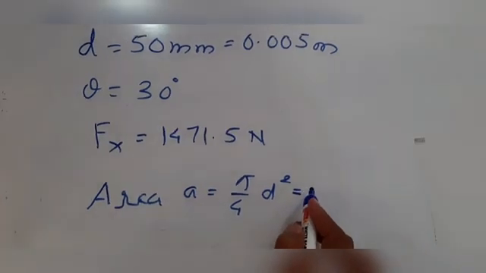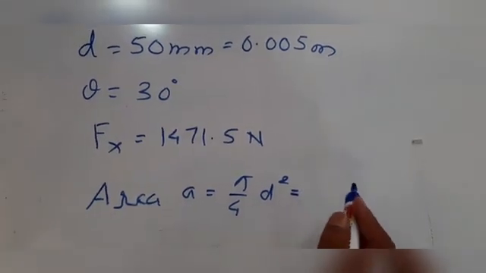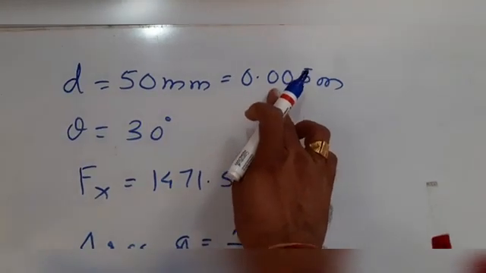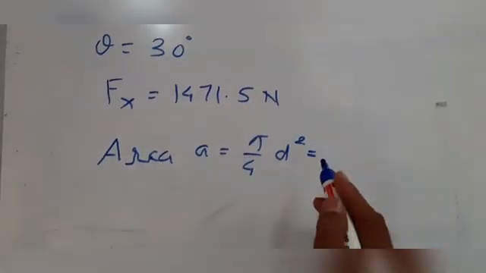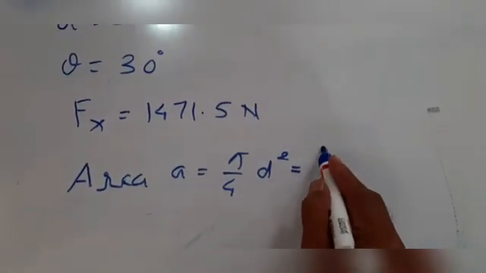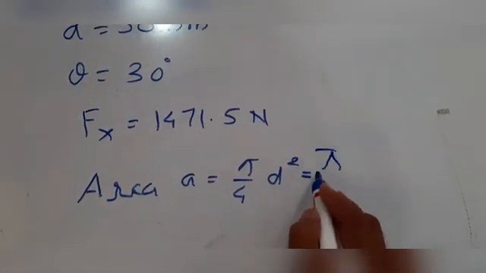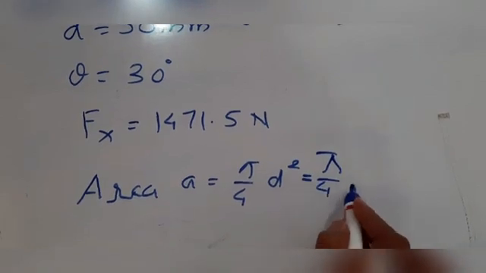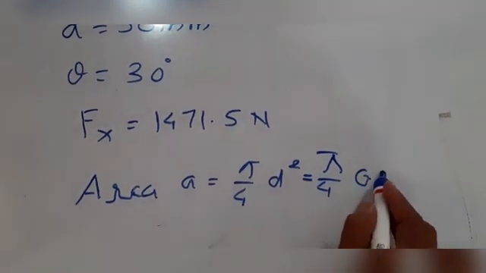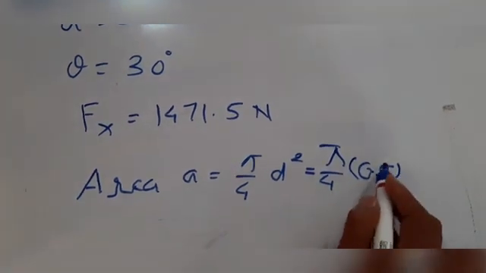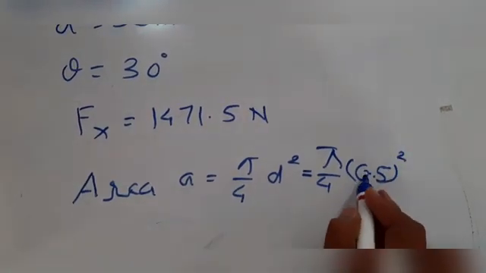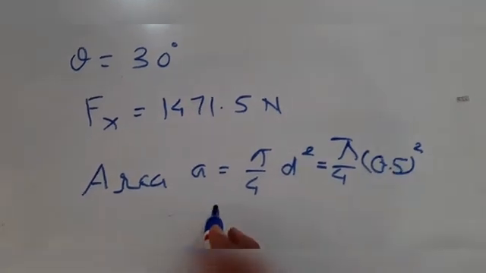Putting the values, this is 0.05, so we will get pi by 4 into 0.05 square.